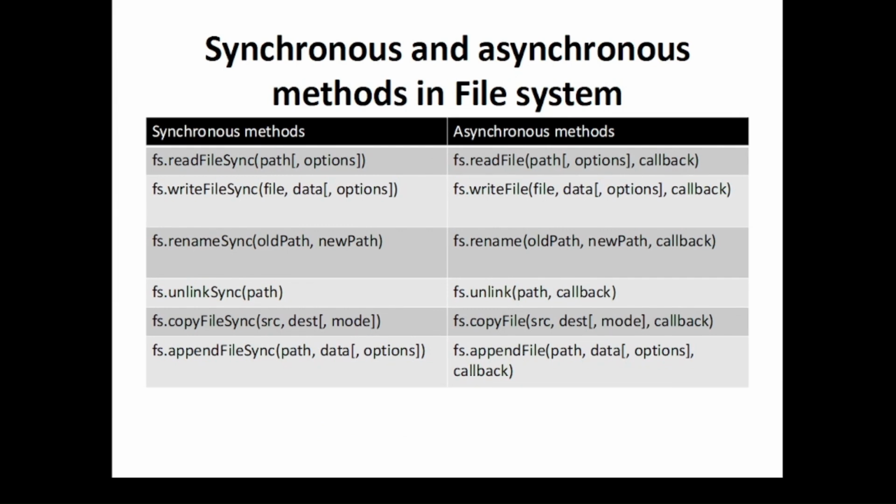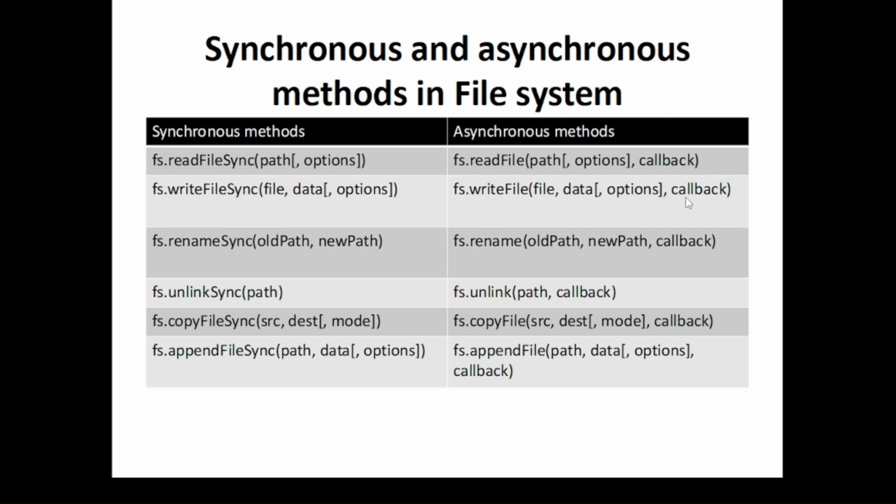Let's talk about another asynchronous method, that is writeFile. The writeFile contains the first parameter as the file or the path. Second one will be the data that is required to be written into the file, along with some optional parameters and a callback function.